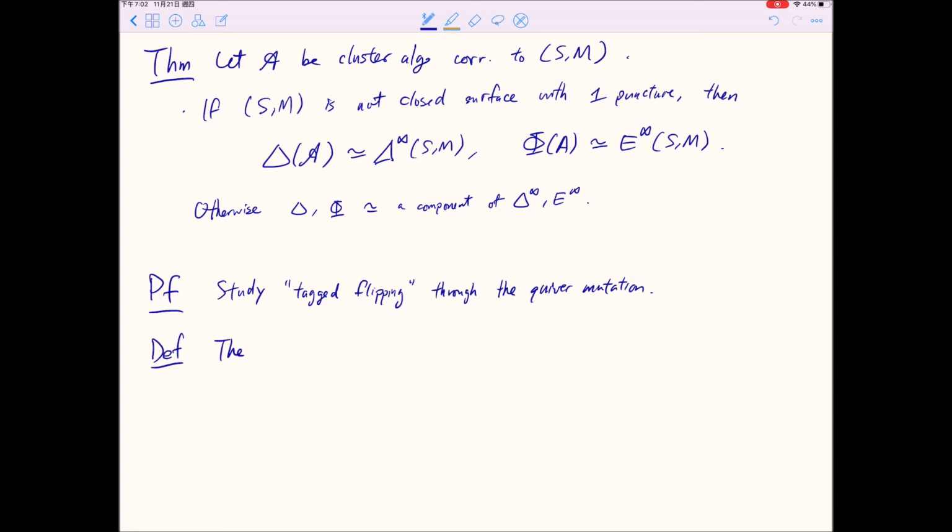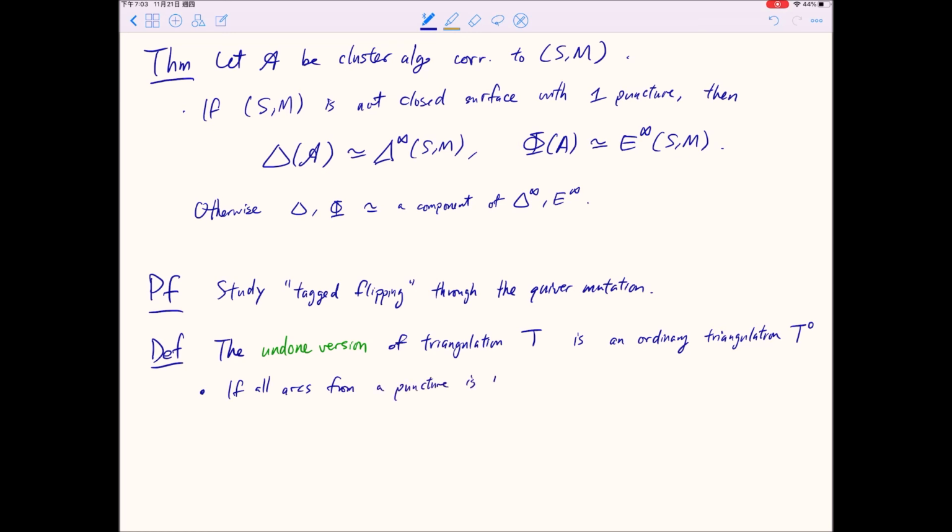The undone version of a triangulation, so this is just an ordinary triangulation, where if all the arcs from the function have a tagging, then you just remove the tag.